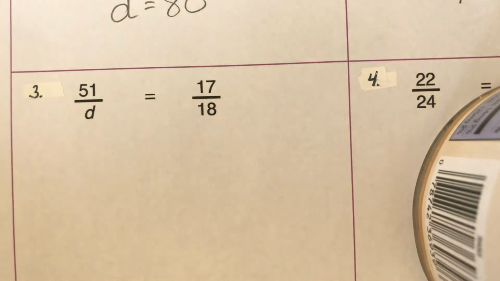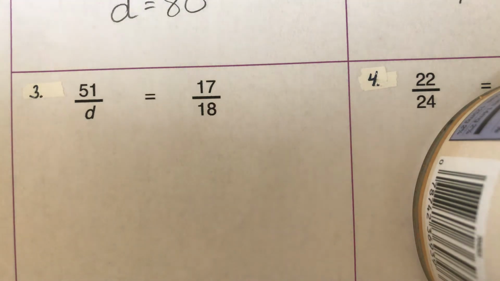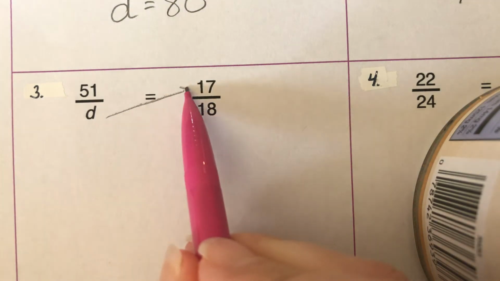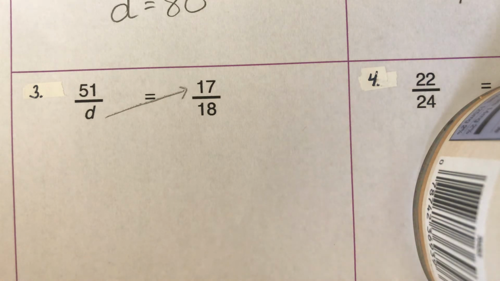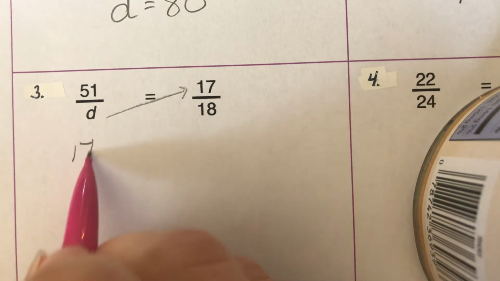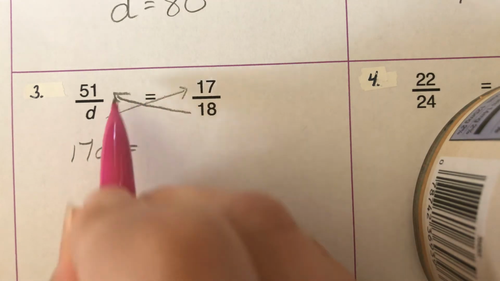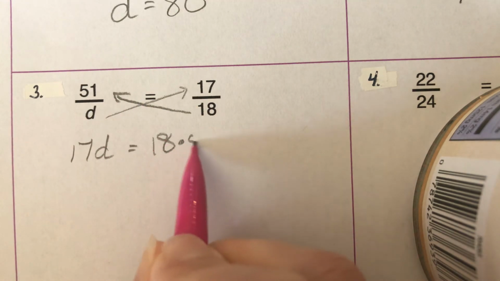If you think you're getting the hang of this, pause your video and try out 3. Again, I'm going across here. We have multiplication. 17 times D is equal to that other side. I've got 18 times 51.